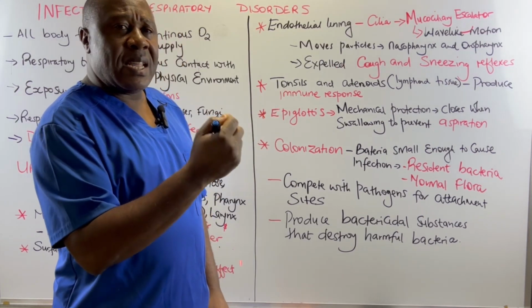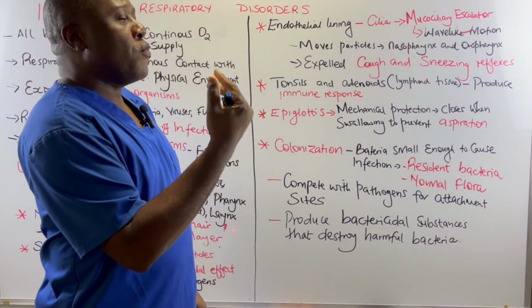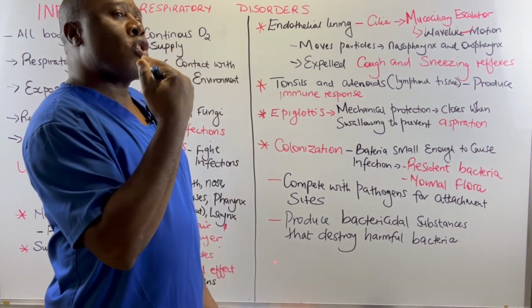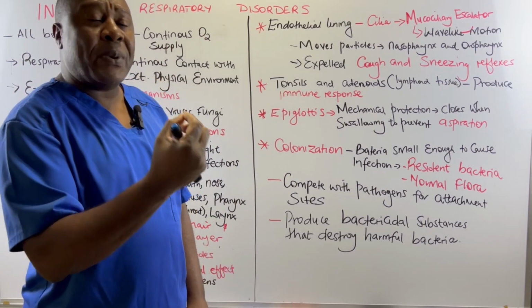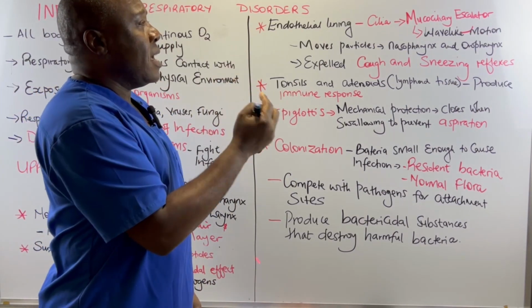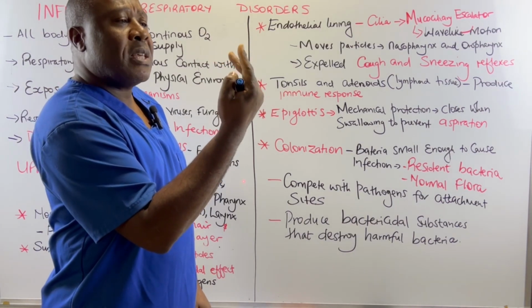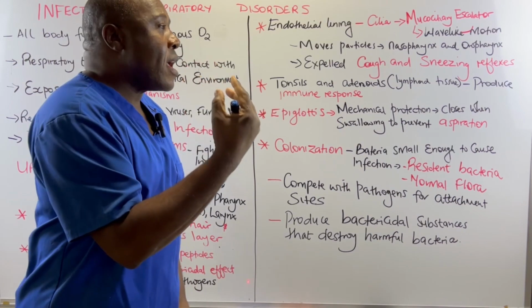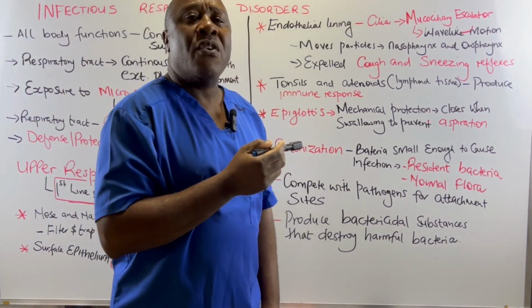So when these cilia move in that wave-like motion, they move the trapped particles to the nasopharynx and the oropharynx. Remember, we said we have a mucus layer. If particles are trapped in this area, the mucociliary escalator motion moves them back to the oropharynx and the nasopharynx, from where they are expelled through cough and sneezing reflexes.